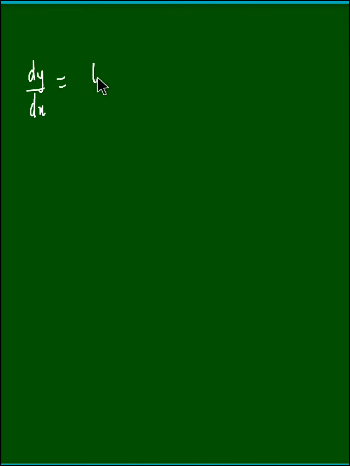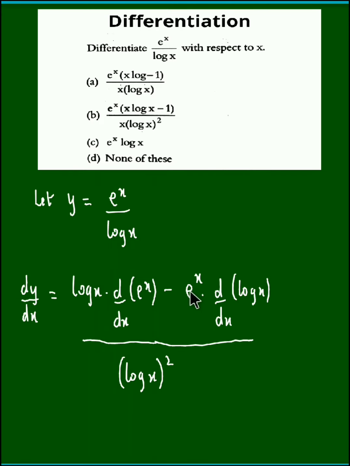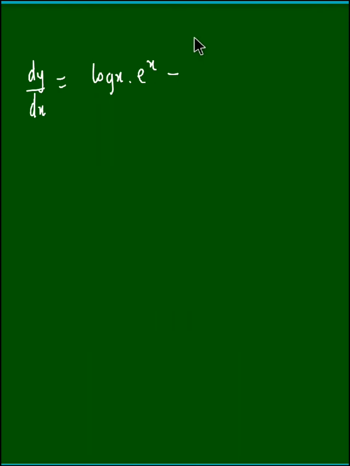So the first term would be log x times e raised to x minus, now e raised to x would remain as it is, and derivative of log x is 1 by x. So here we have e raised to x into 1 by x, the whole thing divided by log x the whole square.